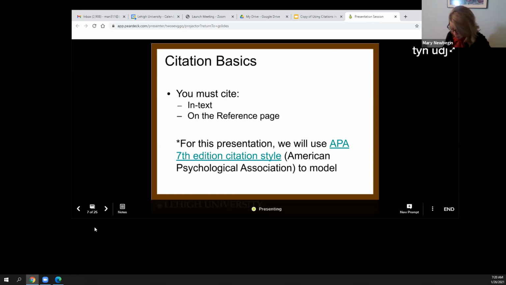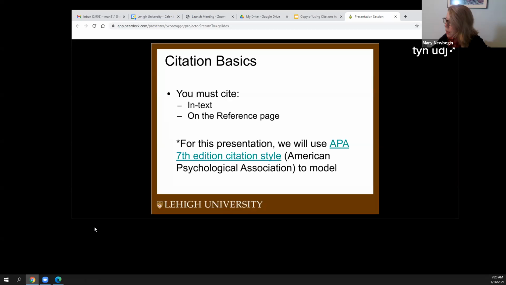All right, a little bit more about citation basics here. You must cite both in the text and then on a reference page. The reference page is the last page of a paper that you're turning in for a class.